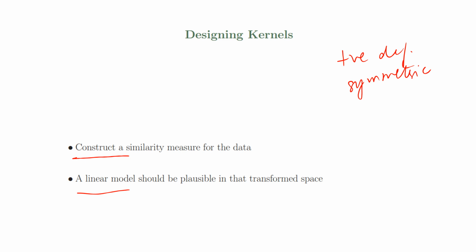So then we can essentially utilize all the power of the optimal hyperplane algorithm in any higher dimension, provided we have figured out a way to measure similarity and express it in terms of a kernel. All right, so what are we talking about here?